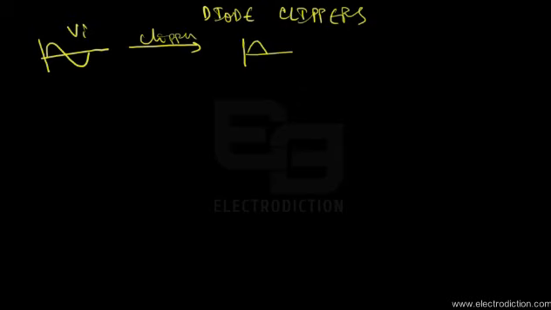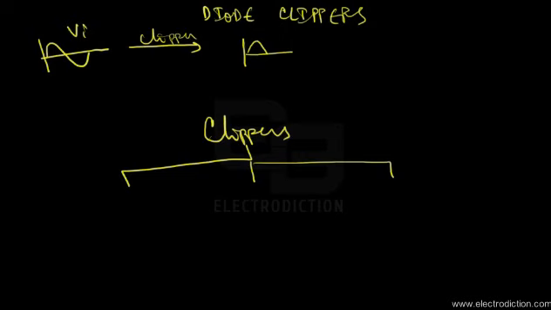Clippers can be designed in many ways. So getting down to the basics, let's first discuss how many types of clippers can be designed using diodes. Using diodes we can design basically three types of clippers. The first one is a series type clipper, the second one is the shunt, and the third one is the combinational clipper.